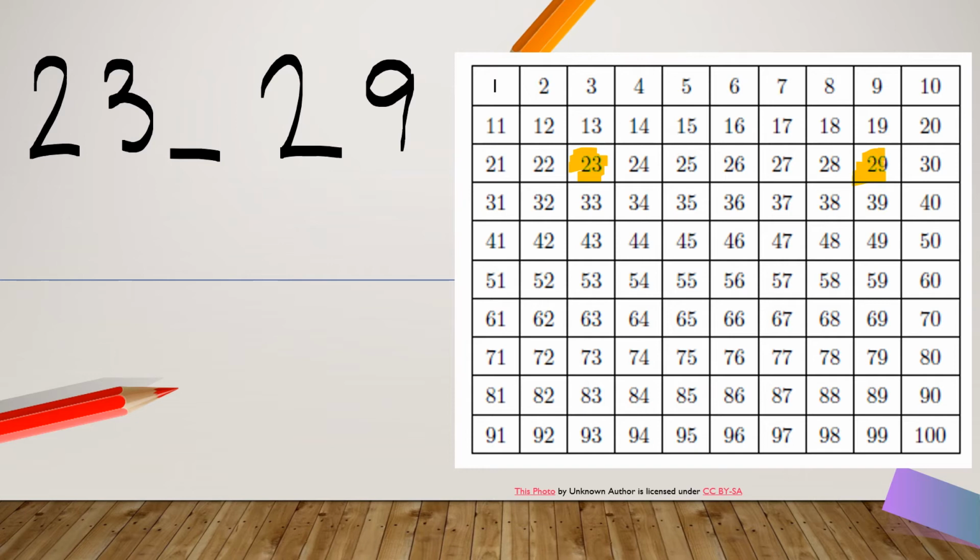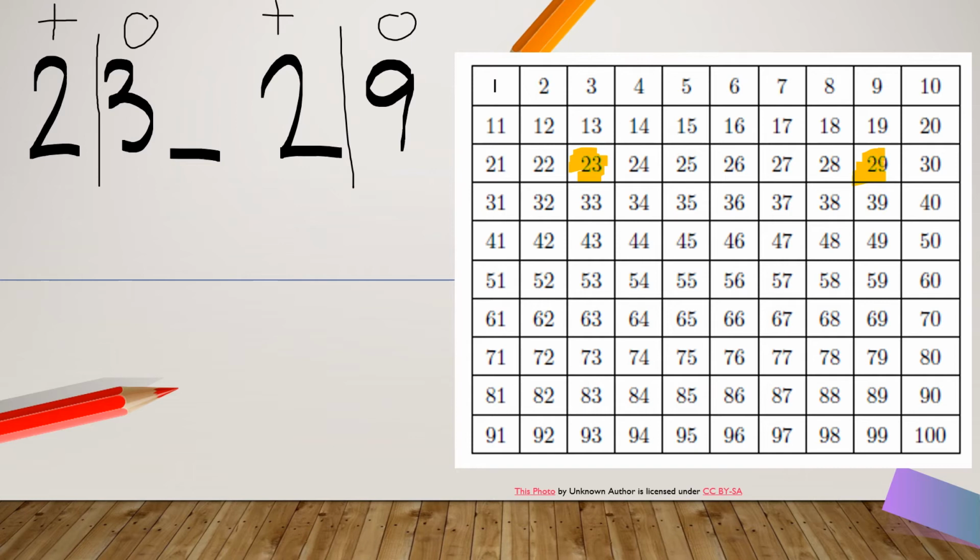So in order to do this, we can divide the numbers into our tens and ones. So I could divide number 23 into 2, and I could write a T for tens and O for ones. And I could do the same to 29. Divide the number and write T for tens and O for ones.